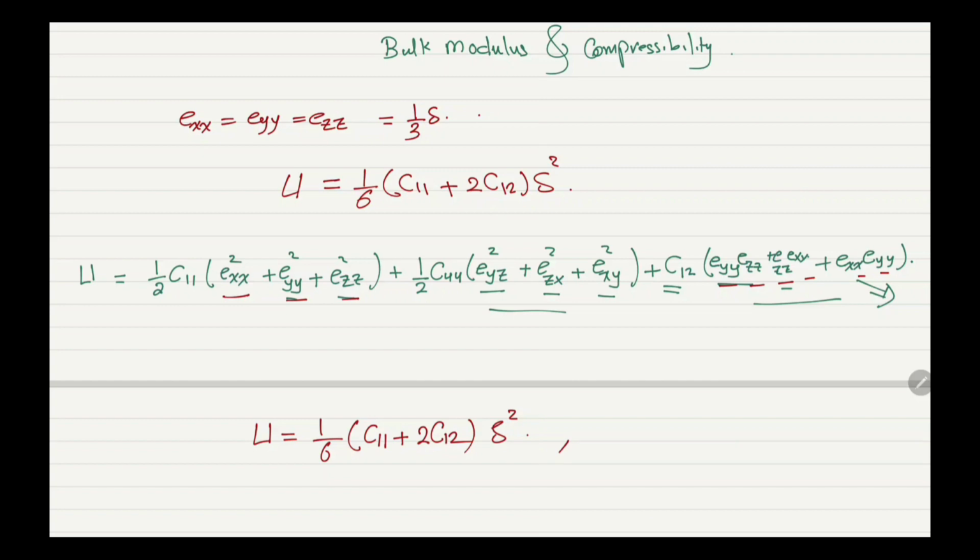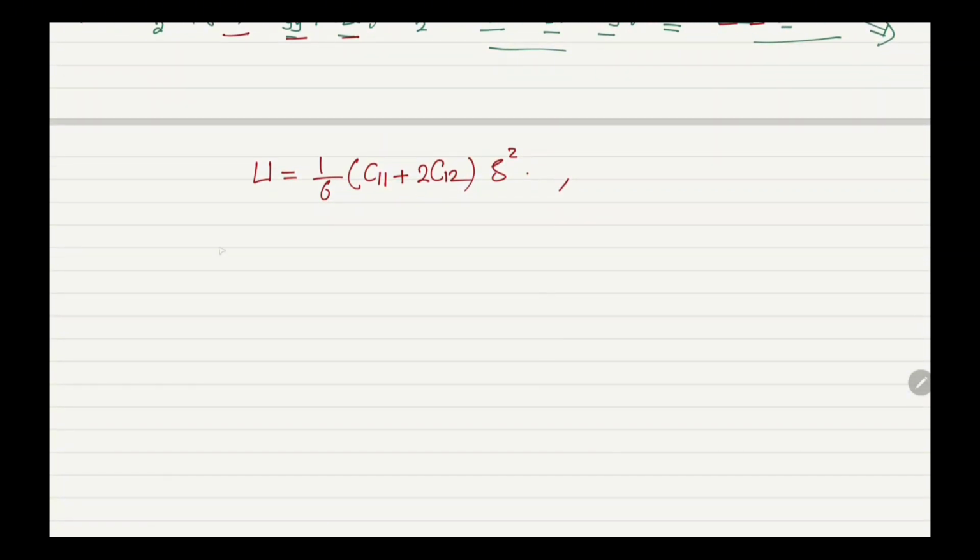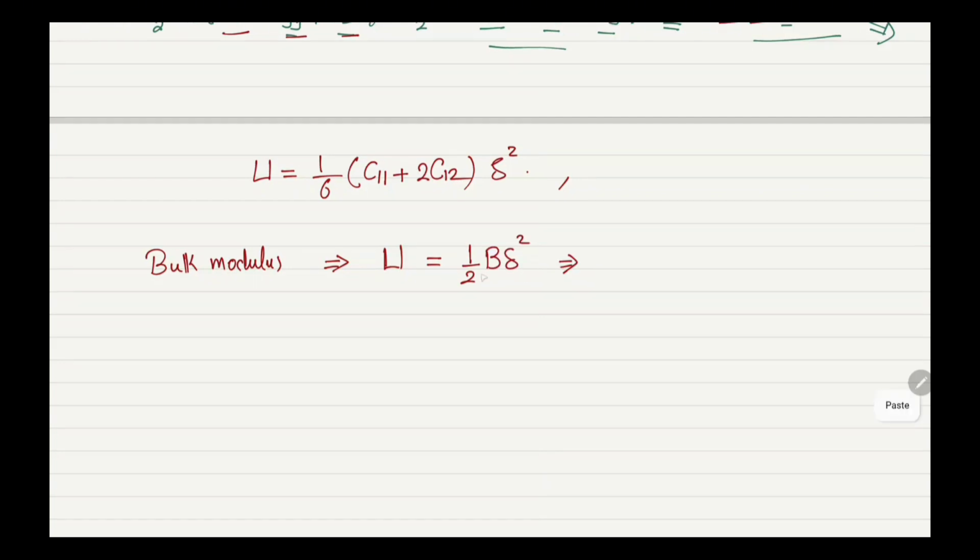Now the bulk modulus: U equals 1 over 2 B delta square. And remember, this definition is equivalent to the definition minus V dP by dV.